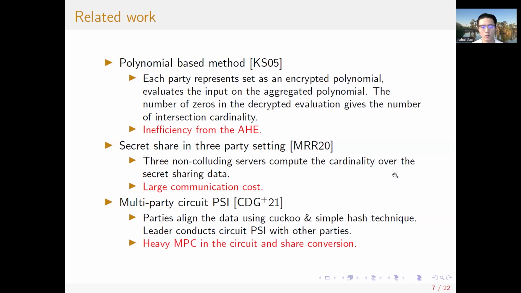MRR20 is one work requiring 3 non-colluding servers to compute the PSICA functionality in a secret sharing way, and it has a large communication cost.